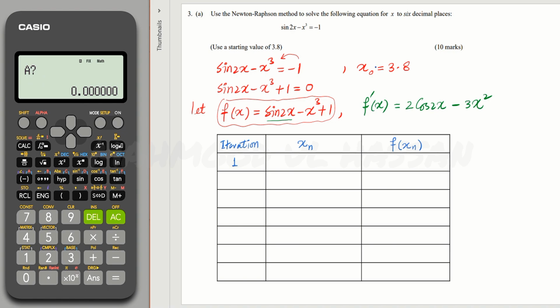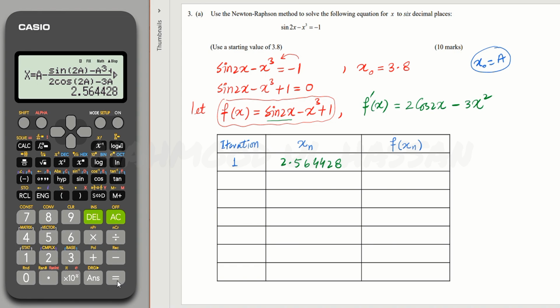As you know, we denote x naught by a. Okay, so now we are putting this value of a, that is 3.8. So we have to press the equal button. We got the value of the next approximate root, and that is 2.564428.